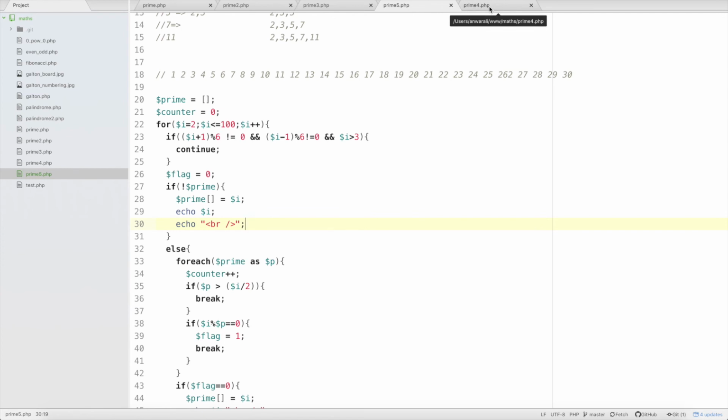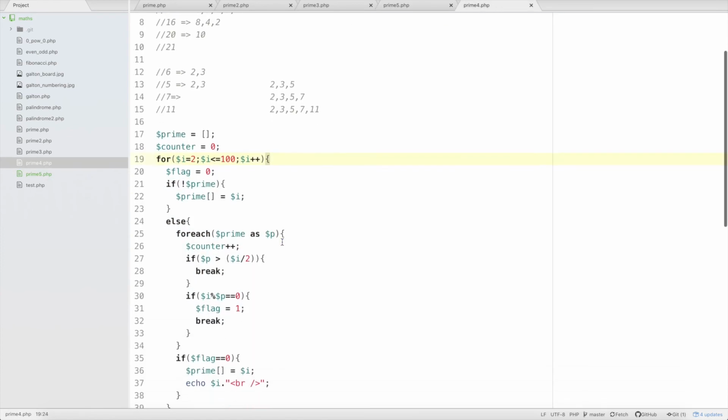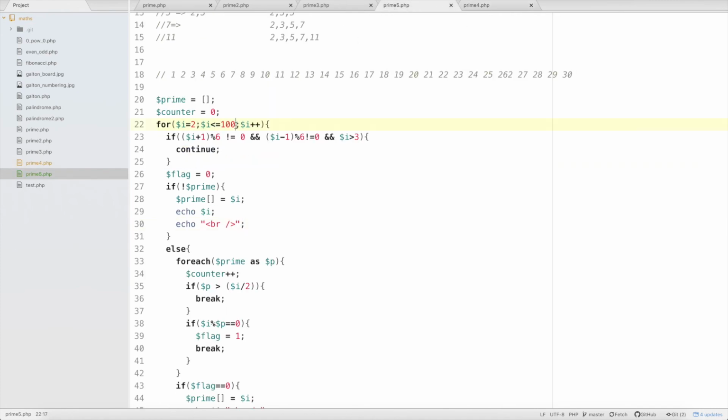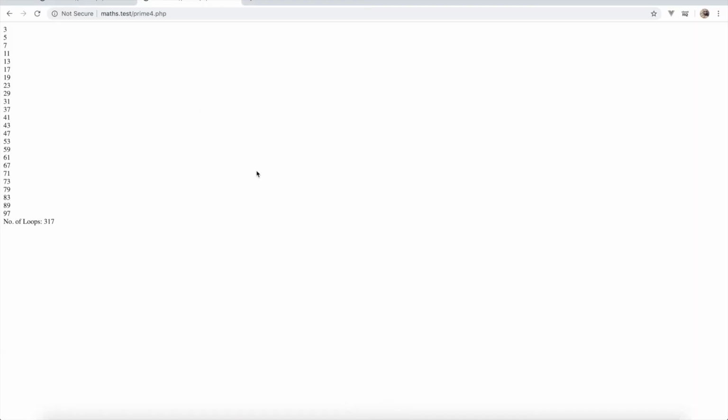In prime 4, let's find the prime numbers from 1 to 1000, and in prime 5 also let's do the same thing and see the difference in the number of loops, and you might be amazed. For our previous approach we have 9741 loops, and in our new approach we have 8910 loops. So we have around 1000 loops fewer than our previous approach.